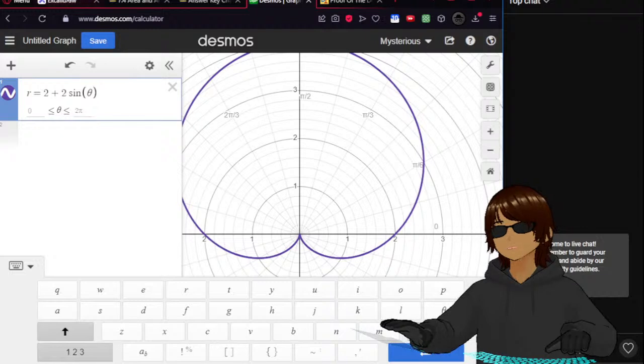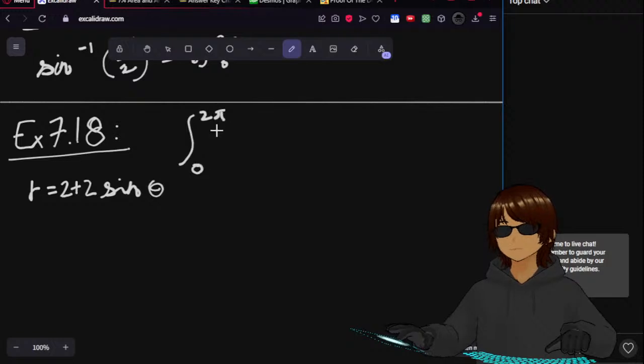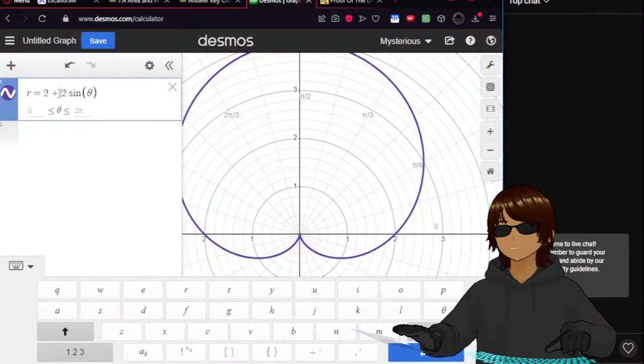Do we do 0 to 2 pi? What happens if we remove the plus 2?